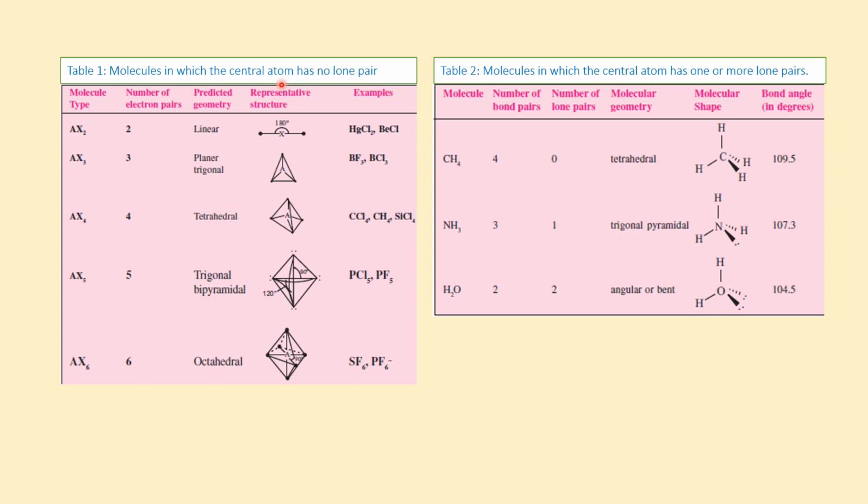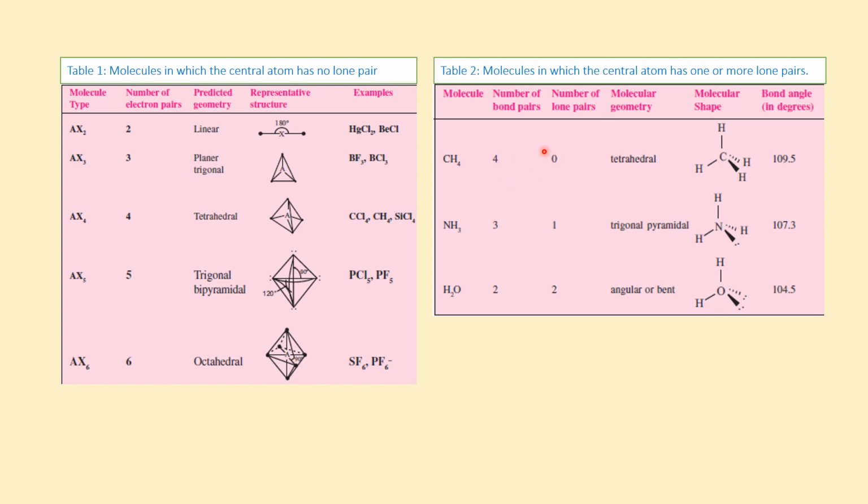After studying the no lone pair cases of molecules, we will take up molecules in which the central atom has one or more lone pairs. First is CH4, where the number of bond pairs is 4 and the number of lone pairs is 0.